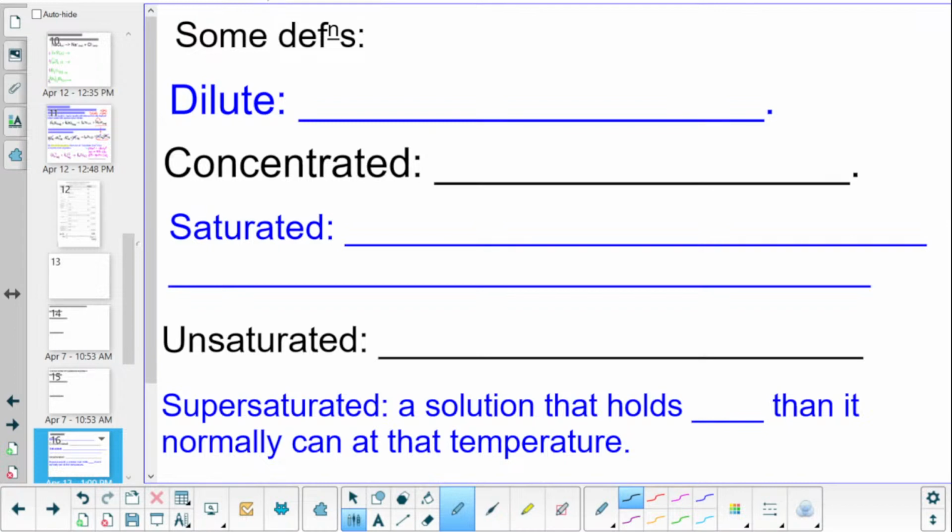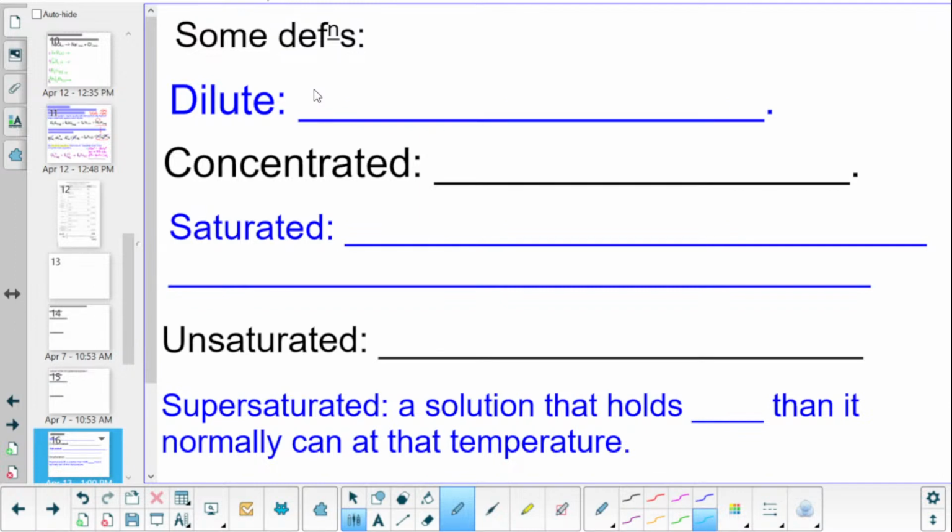We have some definitions. What does the word dilute mean? Put more water in. In terms of the word solvent and solute, which would you have more of if it's very dilute?